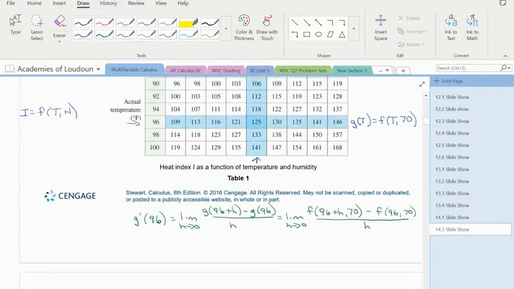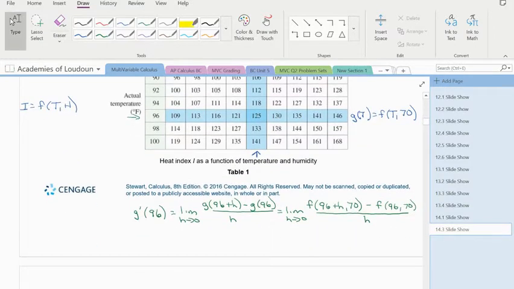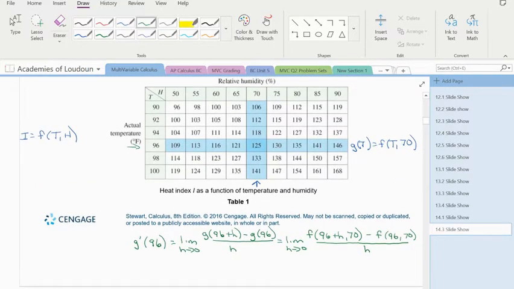So we can approximate G prime of 96 by using the values in Table 1 by taking H equal to 2 and negative 2.